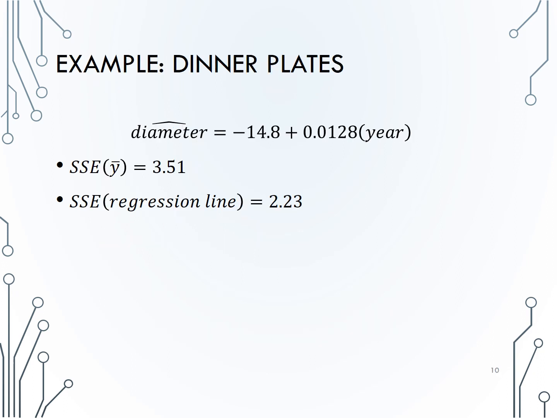The SSE of y bar is 3.51, and the SSE of the regression line is 2.23. Then the R squared value is 0.365, or 36.5%.